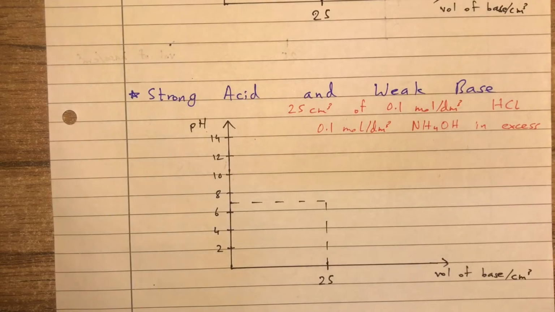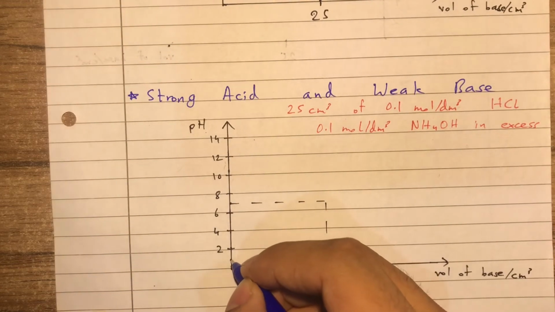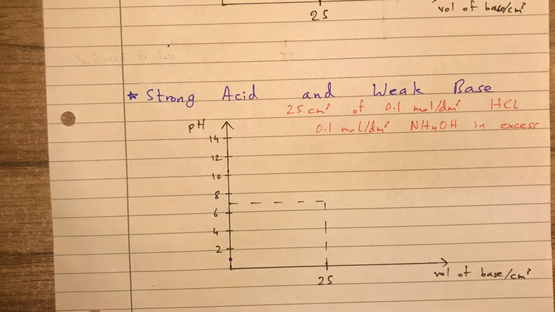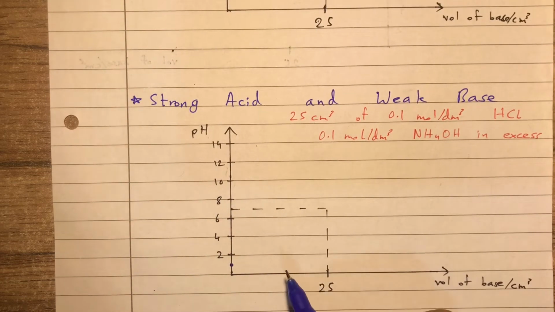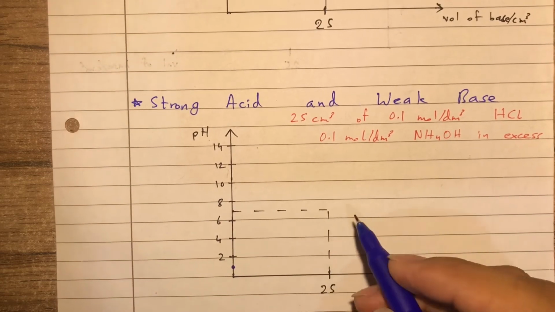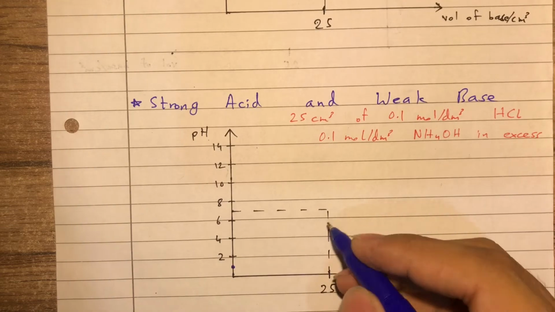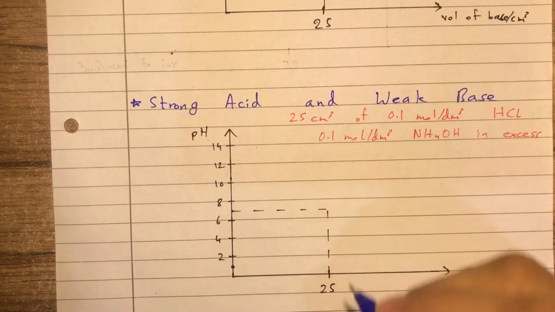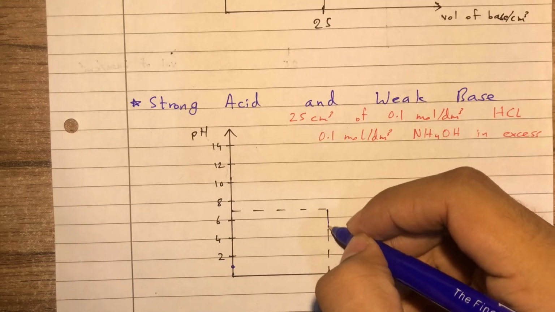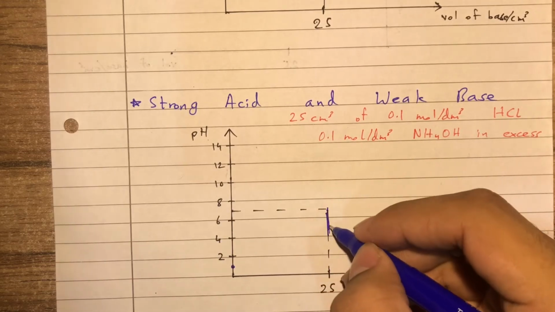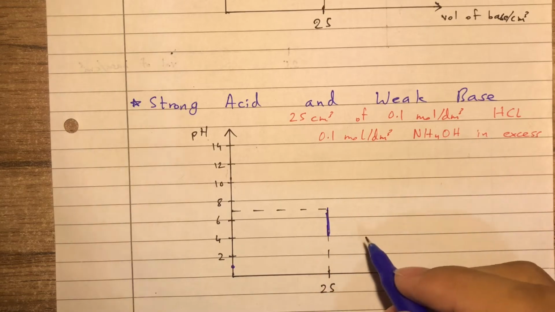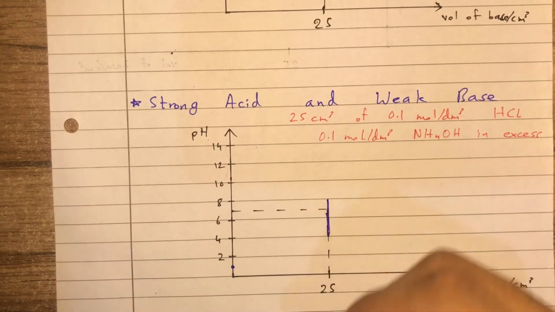Now it's a strong acid, so pH is approximately 1. We'll start at 1. Then because it's a strong acid, the vertical line will be 3 units below the pH 7 line, so 7 minus 3, that is from 4. It will start at 4, and it's a weak base, so it will be 1 unit above the pH 7 line, so till 8.